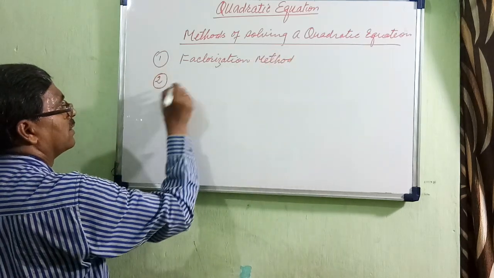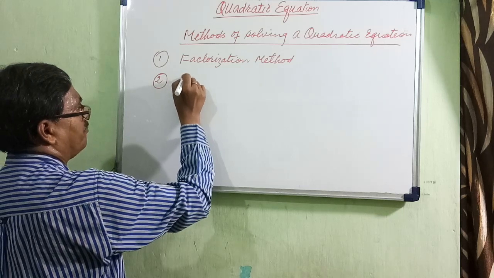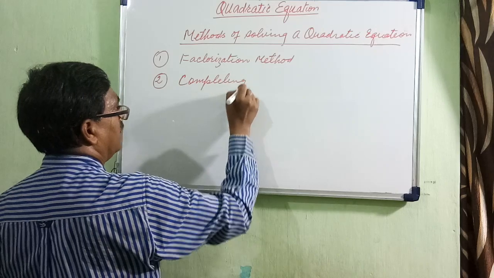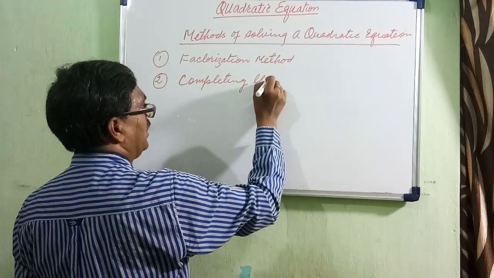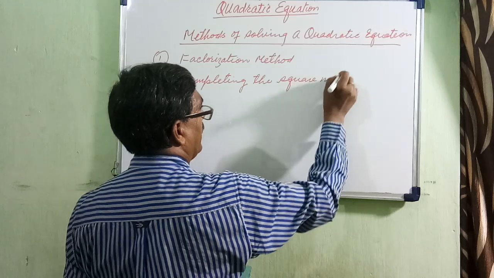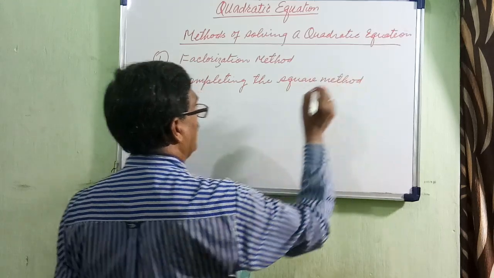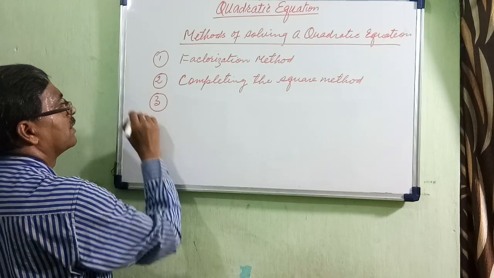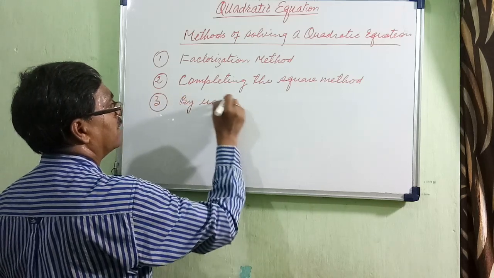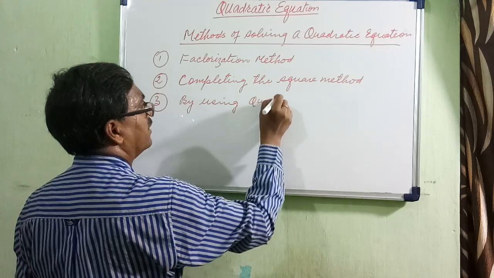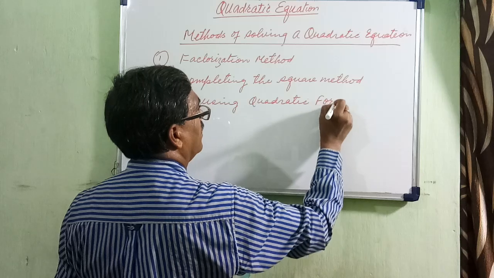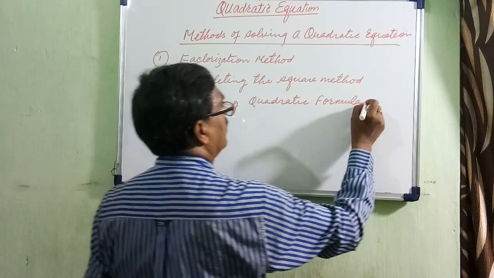Second is the completing the square method. And third is by using the quadratic formula method.